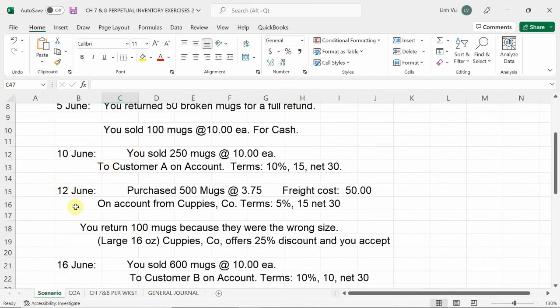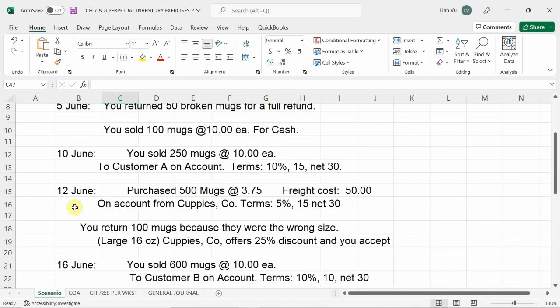Then on the 12th of June, I purchased 500 mugs at $3.75 each, with the freight costing $50. So in this case, on an account with Cuppies Co., terms of 5%, 15 net 30. So in this case, what did I do? You purchased mugs. Okay, and how did I pay for it?